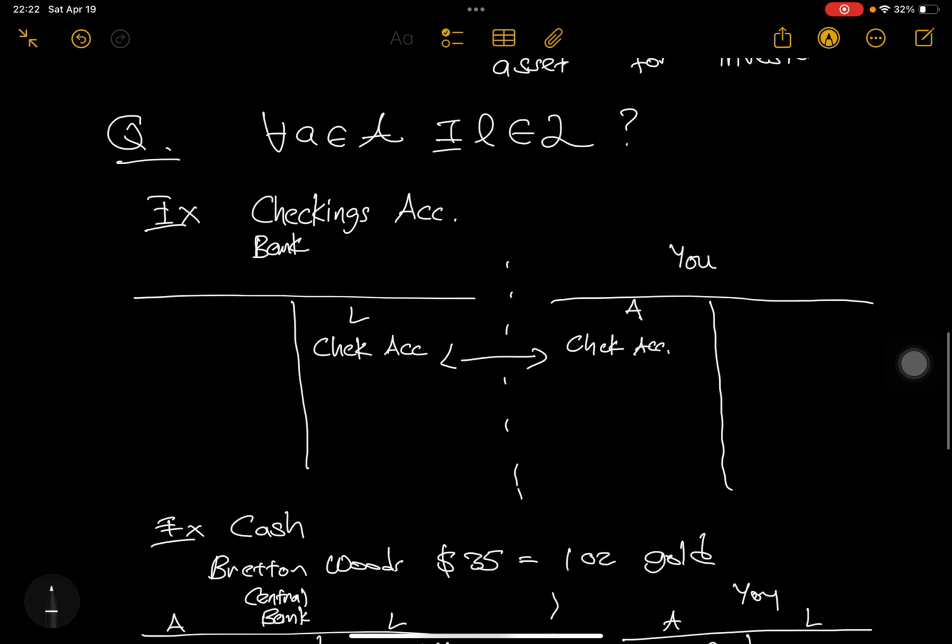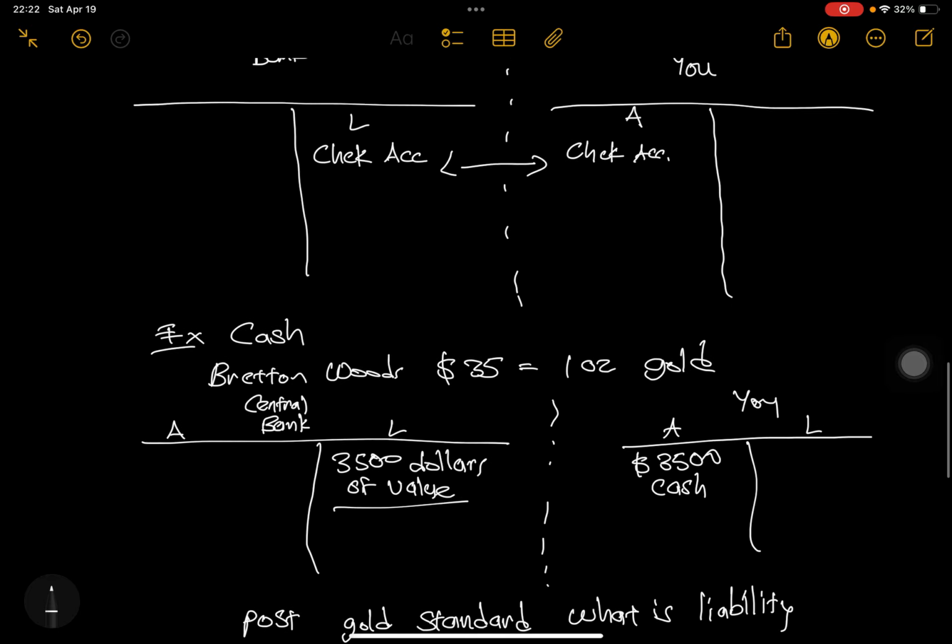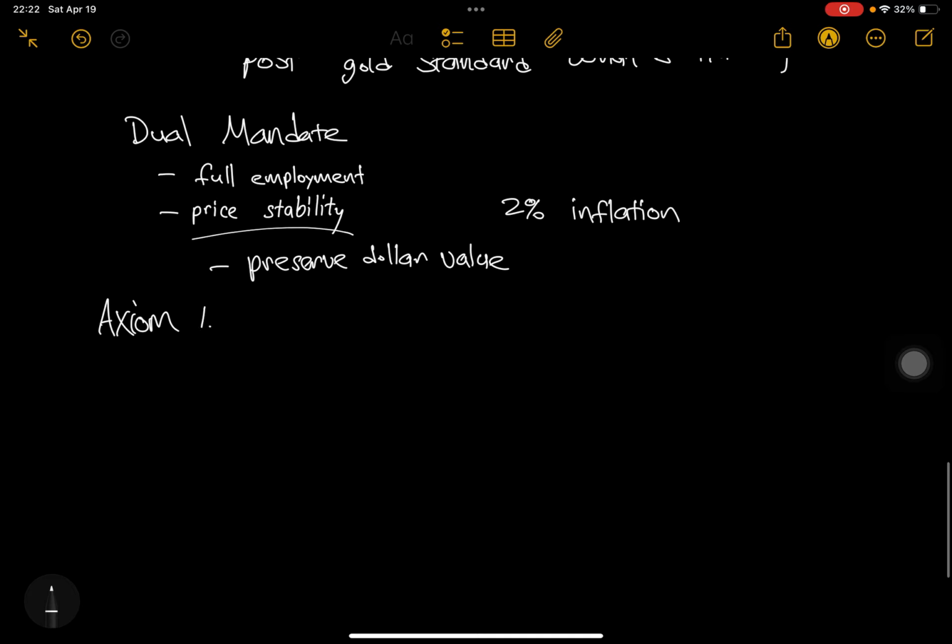Well, I think there are, and I will just list this now as an axiom. Axiom 1.7, that pure assets exist.